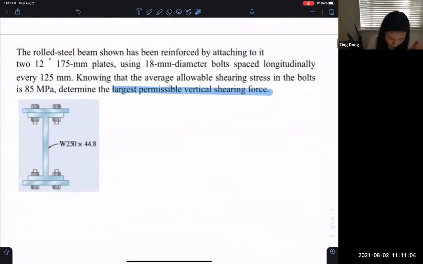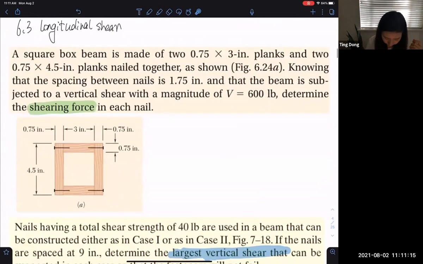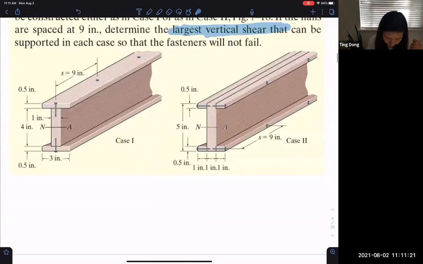And for this one, of course, if you consider one nail, now this is the area for calculating Q, and same thing here, one nail. And for this one, this is the cutting surface.